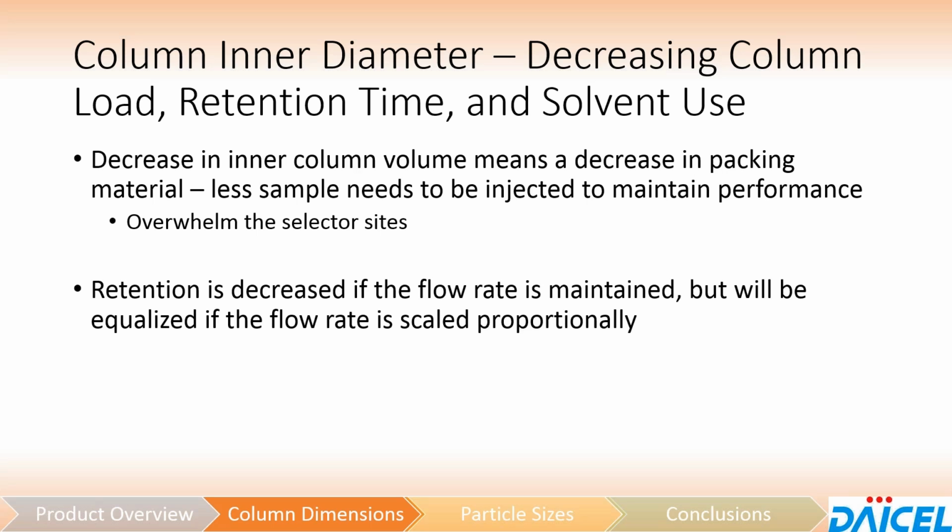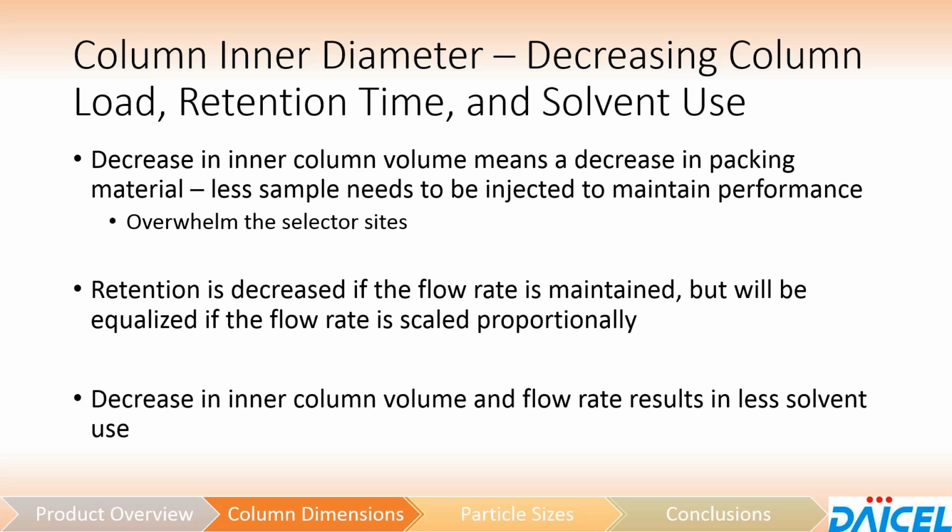Less sample is needed, either a smaller injection volume or a lower concentration, in order to maintain the performance. Retention is decreased if the flow rate is maintained, meaning if you have a 4.6 millimeter ID column at 1 mL/min and you flow it on a 3 millimeter column at 1 mL/min, you will obviously have less retention. But it will be equalized, as I mentioned before, if the flow rates are scaled proportionally, or at least close to being equalized.